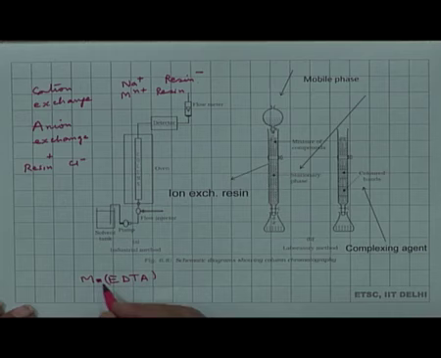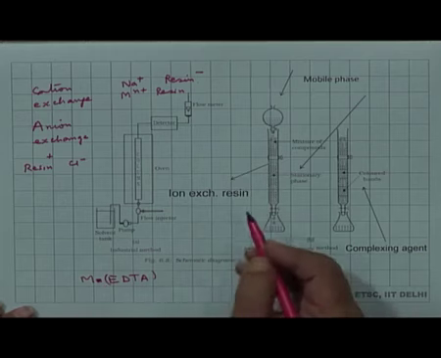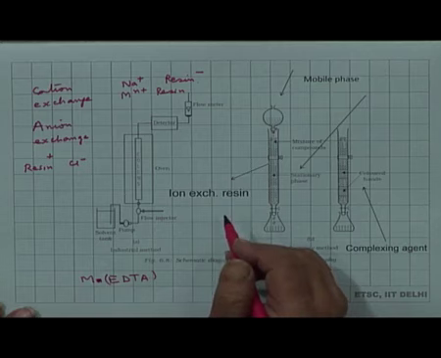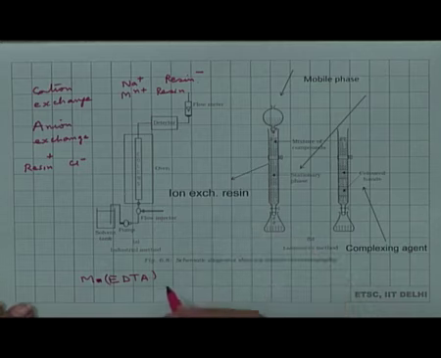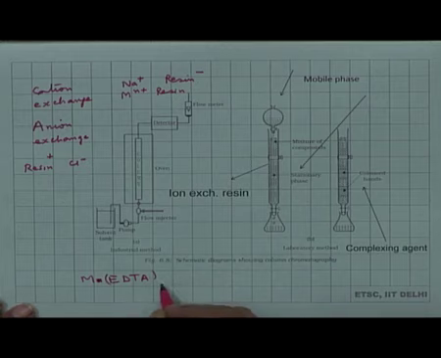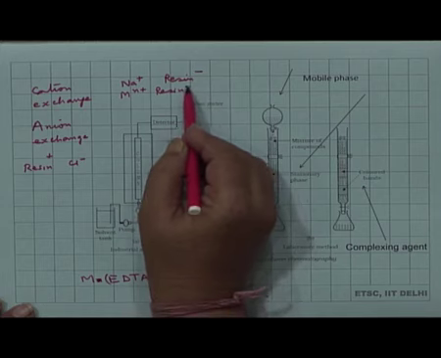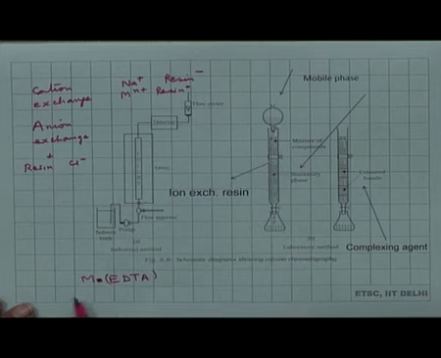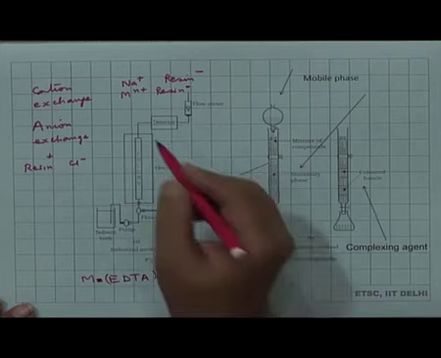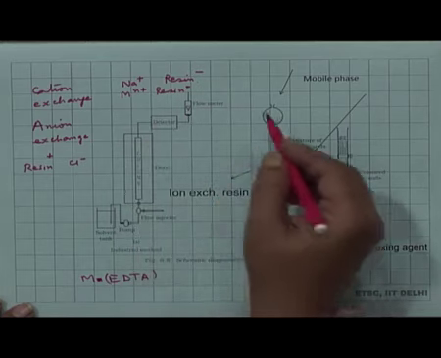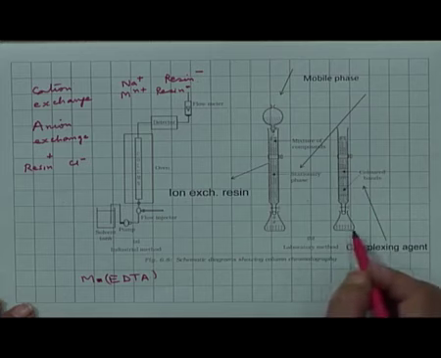The complexes formed by different metal ions will not have the same stability; they will differ in stability. Those which form a very strong complex with EDTA will leave the resin bed and come out as a complex. When you pass EDTA solution, it will run down into the conical flask.